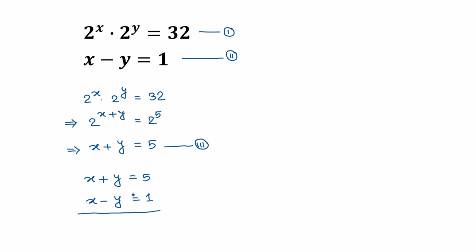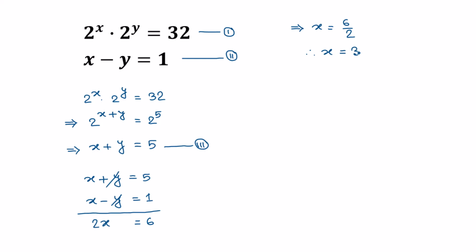Now adding these two equations, the positive y and the negative y will cancel, and it will be x plus x, which is twice x, equal to 5 plus 1, which is 6. So 2x is equal to 6. Now dividing both sides by 2, we get x is equal to 6 divided by 2. So the value of x is 3.